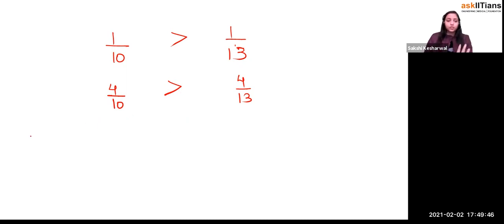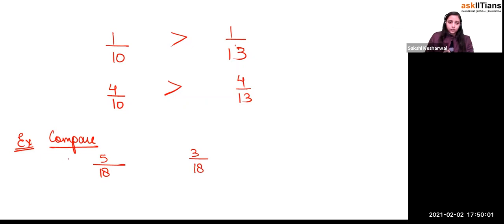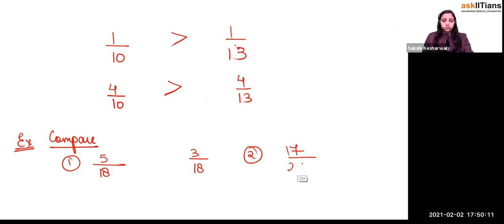Right, now we are talking about the cases when the numerators are the same. So let's do one question. Compare 5 by 18 and 3 by 18, right? This is the first question. And the second question, 17 by 12 and 15 by 12.